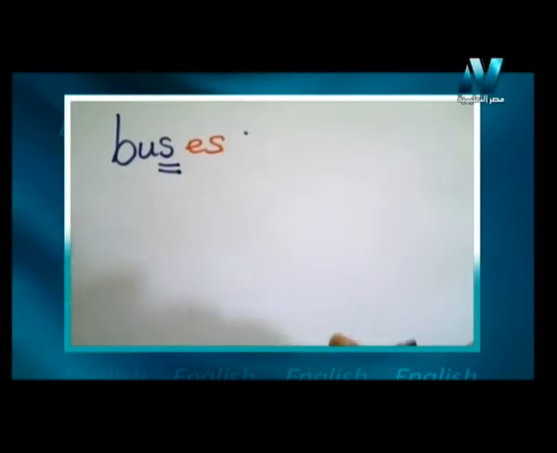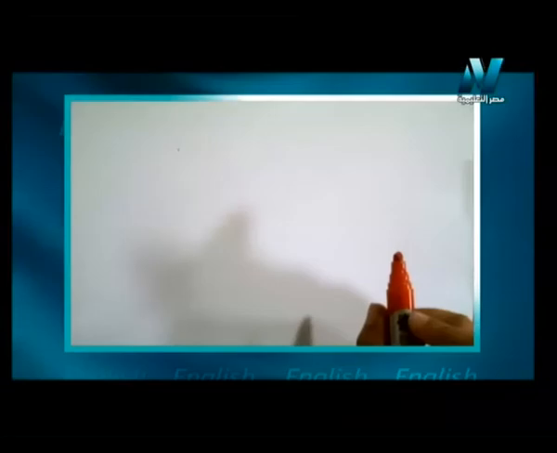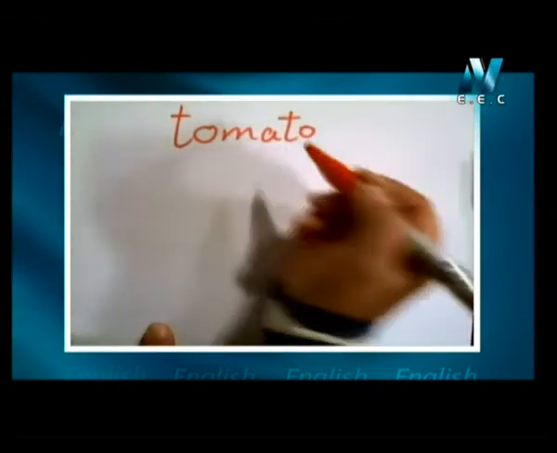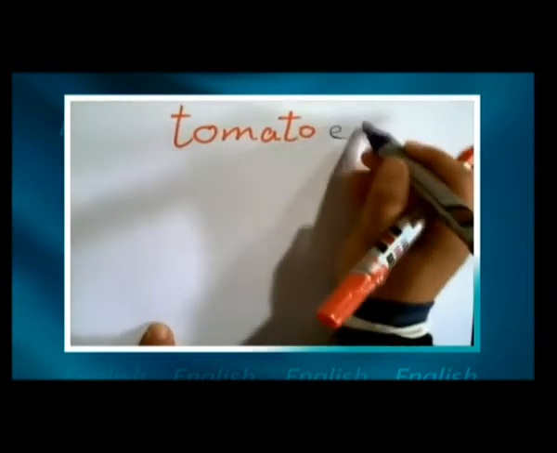But if I have a word that ends with O, like tomato, what I'm going to do is add either S or ES according to the letter before the O. If I have a word that ends with O and before it a consonant letter, like tomato, I'm going to add ES.